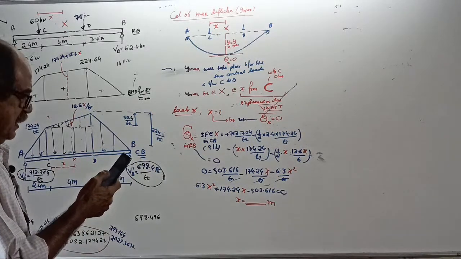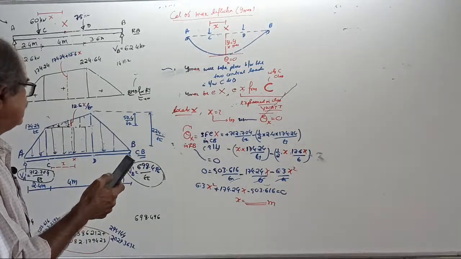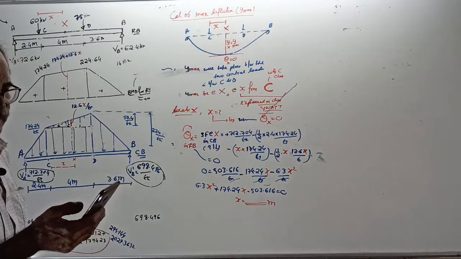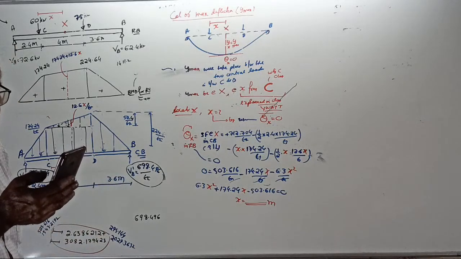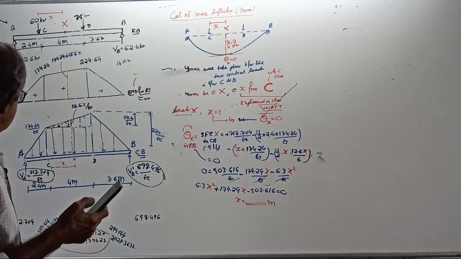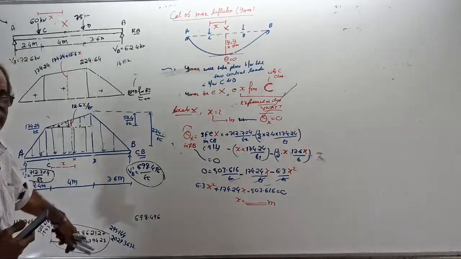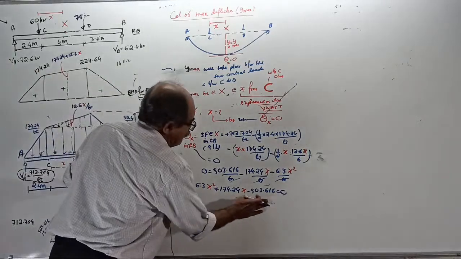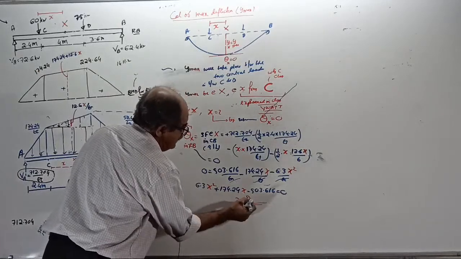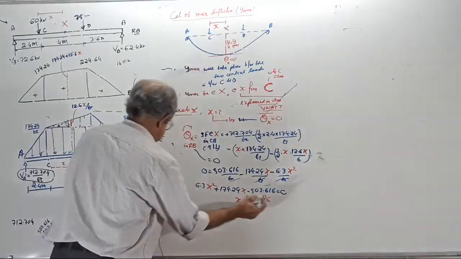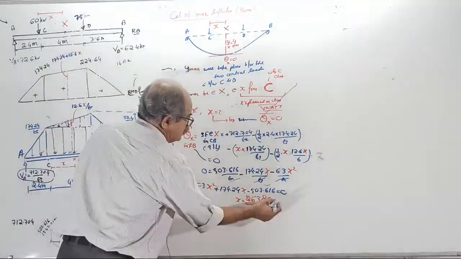6.3x square plus 174.24x minus 503.616 equal to 0. Tell the value of x. 2.6386. My answer is there. Are you getting the full number, 2.63862127?